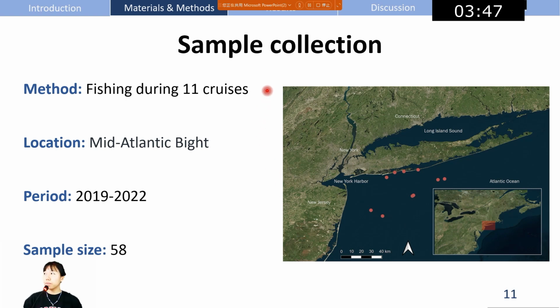About sample collection, they caught the sharks by fishing during 11 cruises in the Mid-Atlantic Bight from 2019 to 2022, and the sample size is 58. This picture shows the sampling sites of this study.